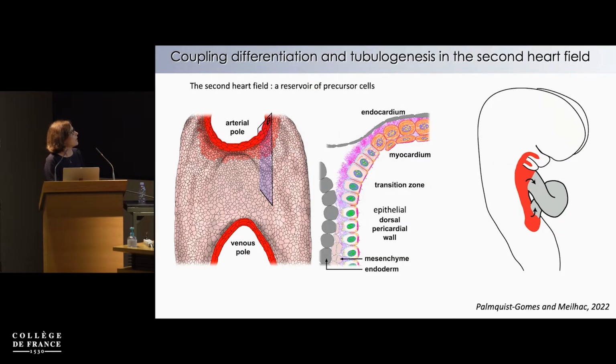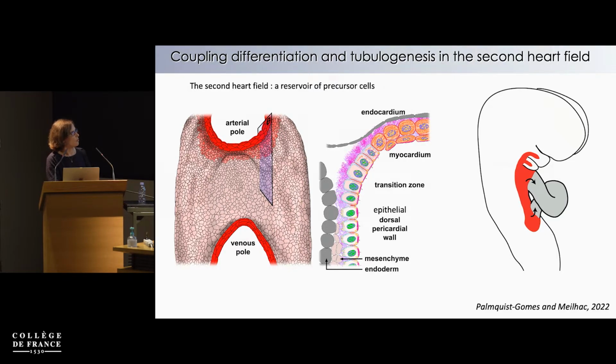So it's a field of cells which is very precisely organized in an epithelium. We also call this the dorsal pericardial wall. And as the cells differentiate, they go into a transition zone where they start to express markers of the sarcomeres, for example, typical markers of the myocardium, but they also experience a change in the cellular architecture.